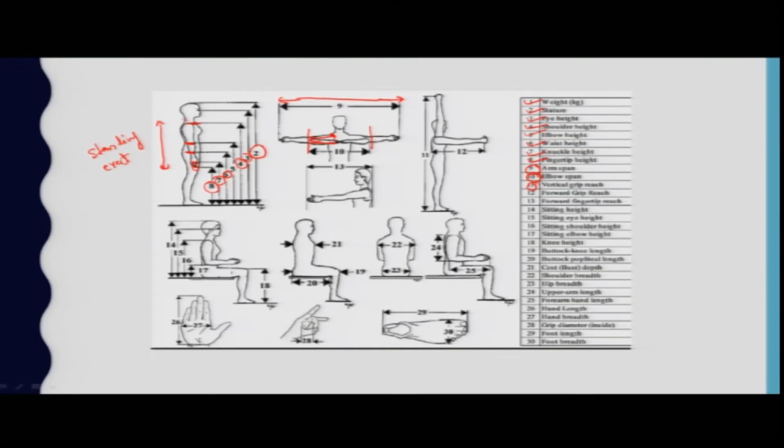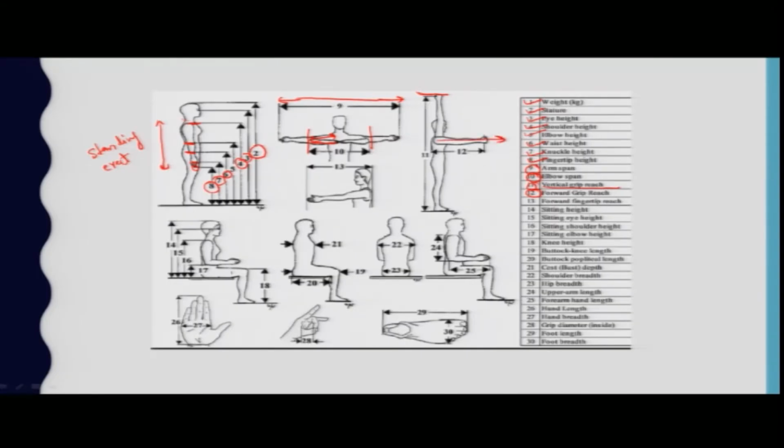In a vertical condition, if you are stretching your hand to the topmost point up to which your hand can be stretched, the distance from that point to the floor is known as vertical grip reach. In a similar way, forward grip reach is also defined.